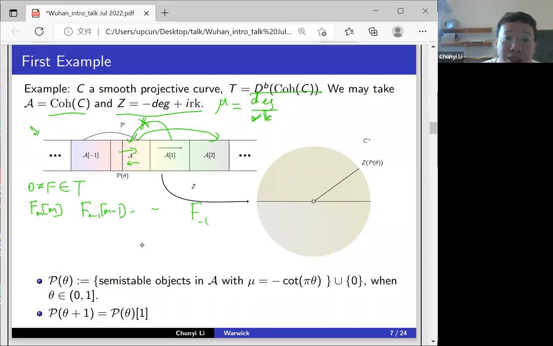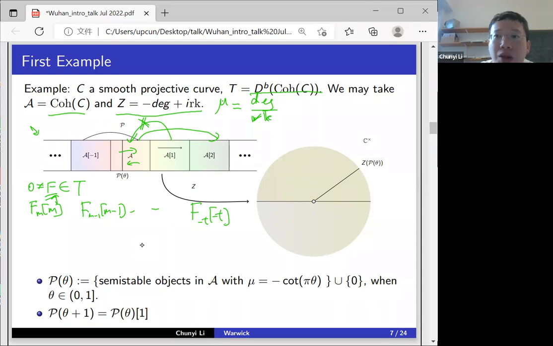Just think about writing them as complexes, naively like that, and you can figure out that's exactly what the HN filtration of a stable object did for objects contained in this Hart.